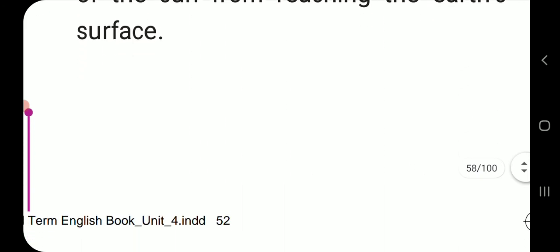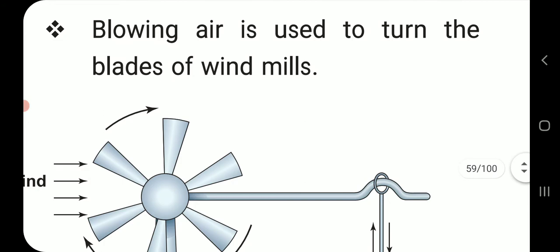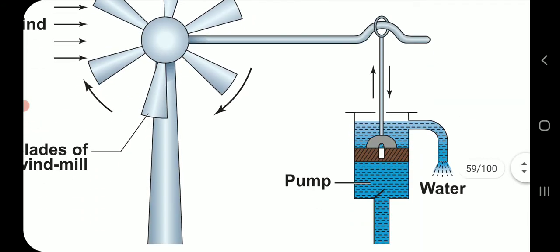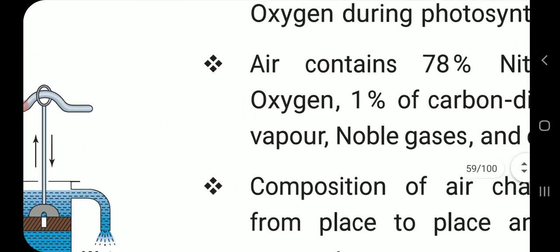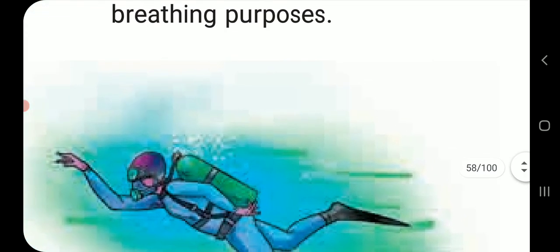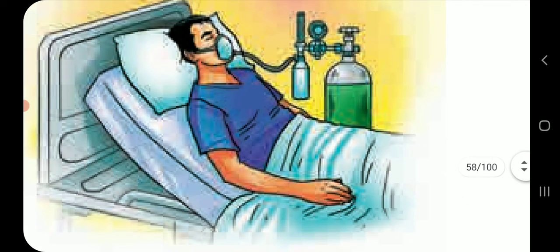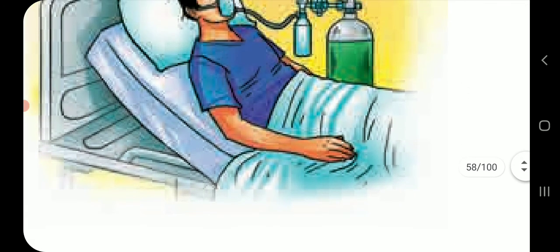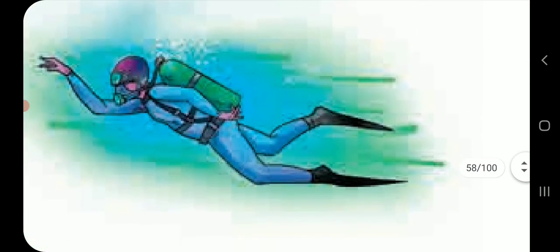Blowing air turns the blades of windmills. Also divers, mountain climbers and patients all need air. These are the important pictures given at the back of your book, where the uses of air are given.